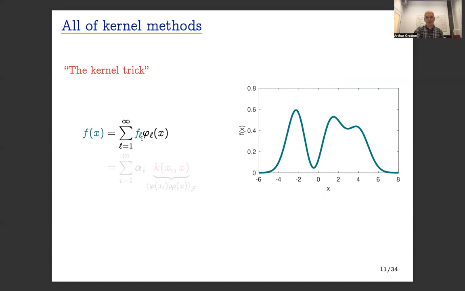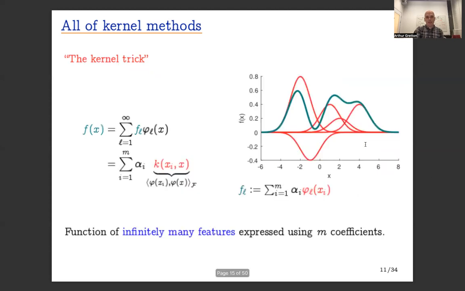So here is my function of infinitely many features, and I've plotted it in green here. But let's imagine now that the coefficients that define these functions can be written as a weighted sum of features, with coefficients alpha, multiplied by features evaluated at some xi. Okay, so these are the features at some xi.